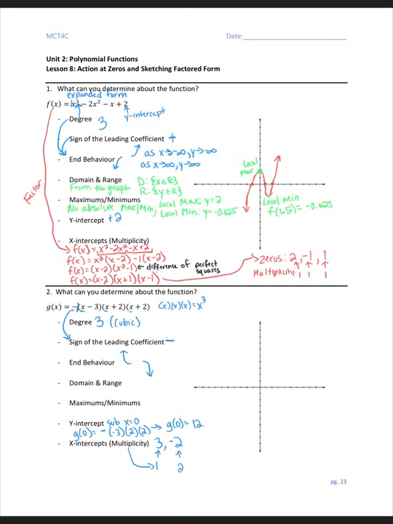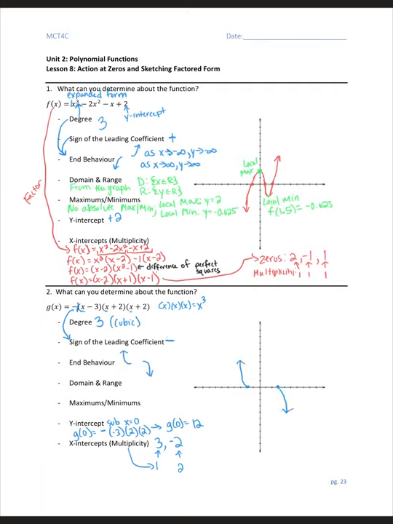So let's plot some of these things, and then we'll see if we can identify our domain, range, and maximum and minimums. So we have zeros at 3 and at negative 2. Okay, we know our end behavior on the left-hand side is going to go up, and on the right-hand side is going to go down.